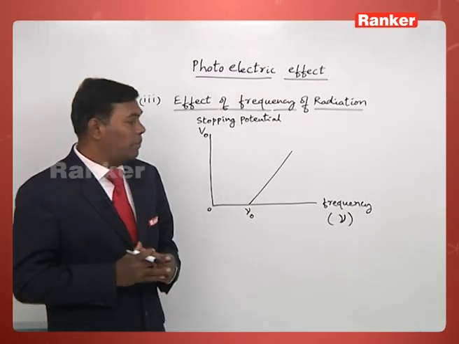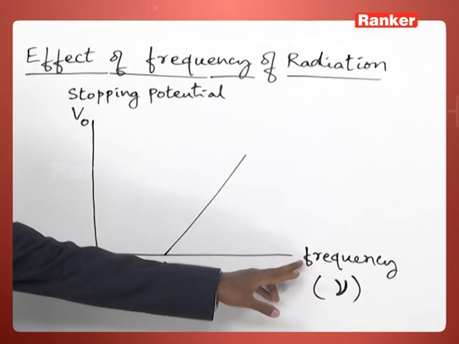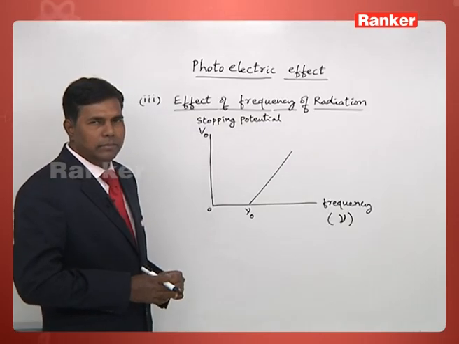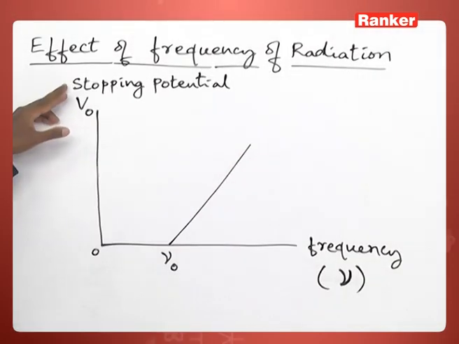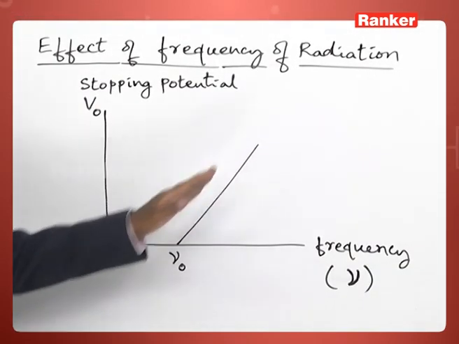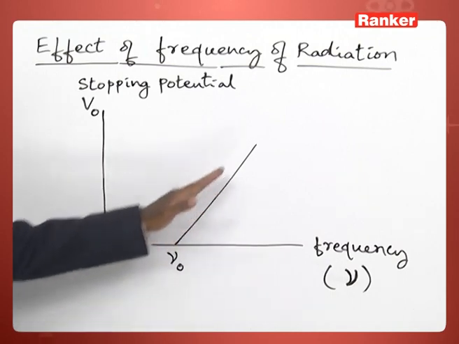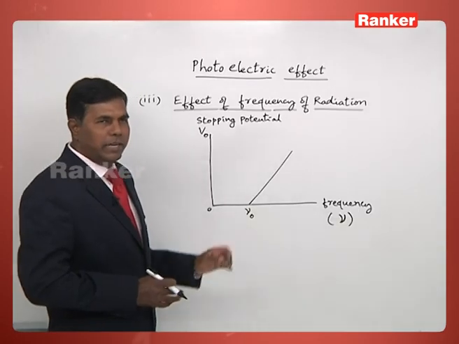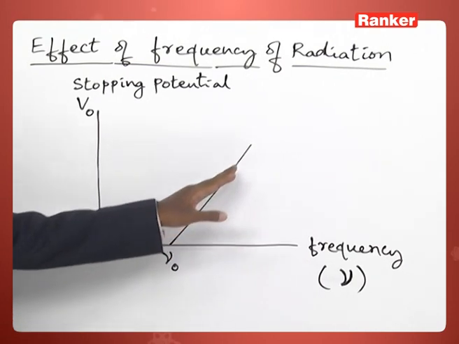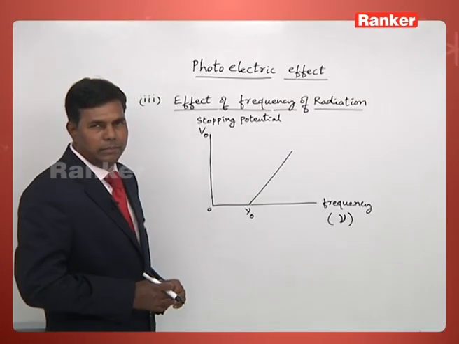And we are plotting a graph between the frequency of incident radiation, which is taken on x-axis, and then stopping potential, which is taken on y-axis. The graph, you can observe this one, a straight line with a slope. From that you can observe that as the frequency of the radiation increases, the stopping potential also increases.